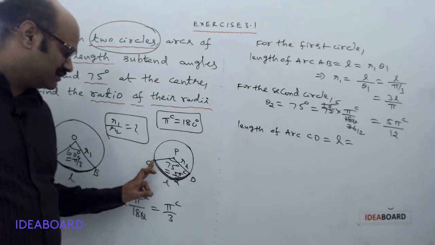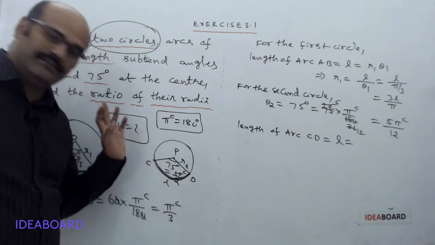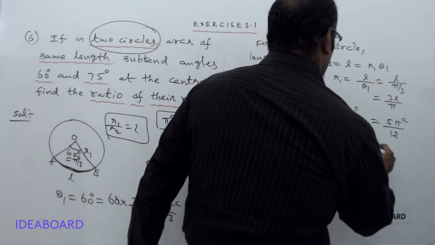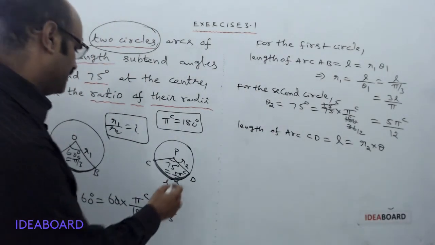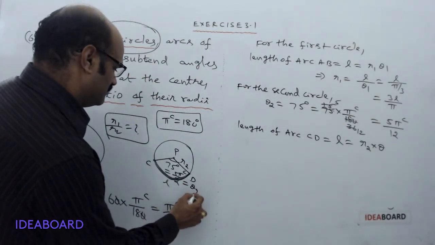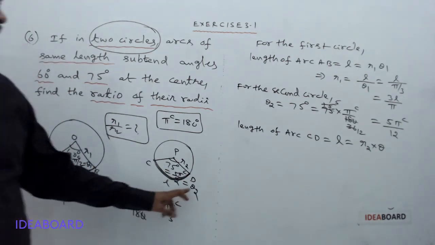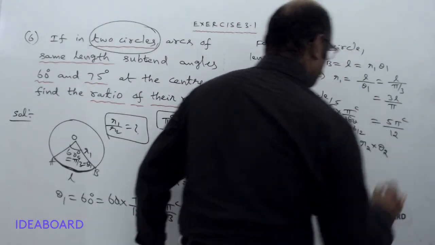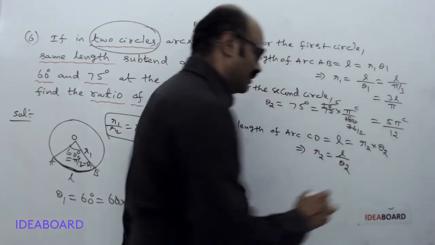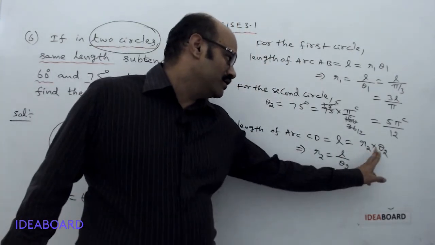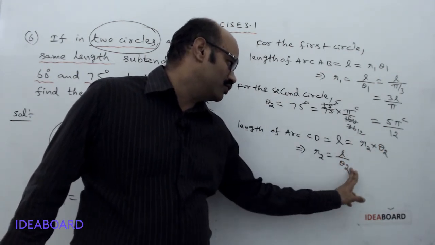The formula is length of the arc CD equal to L equal to R2 into theta 2. So R2 equal to L by theta 2, writing theta 2 from RHS to LHS.